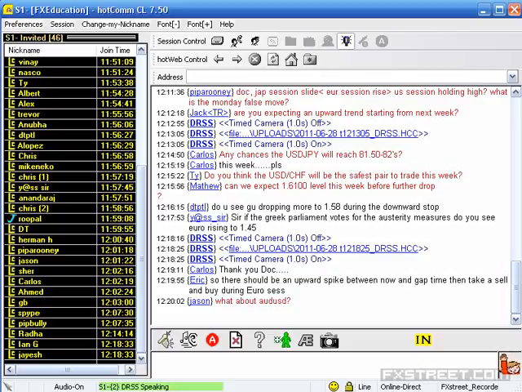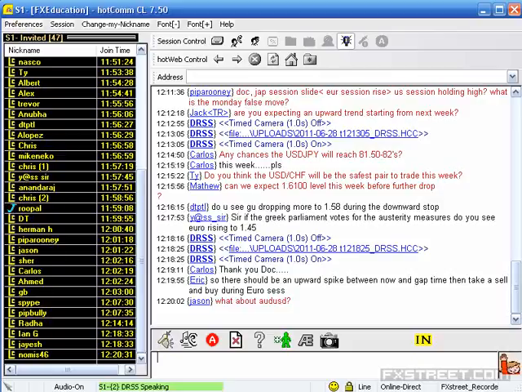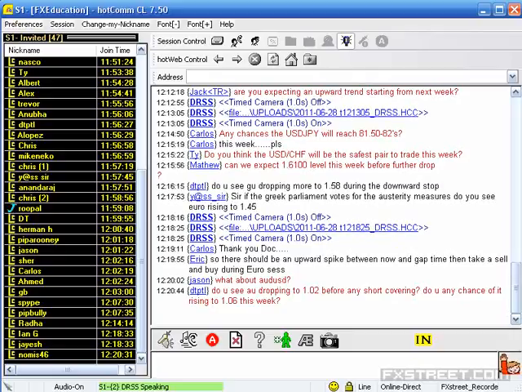Then PY, do you think that USD-CHF will be the safest pair to trade? No, it is not considered the safest pair to trade. And always keep it in mind, at the highest level, if you try to sell, they will make an upward stop. At the lowest level, if you try to buy, they will make a lower level stop. But if you have got the capacity to withstand such moves, then you can take a buy.